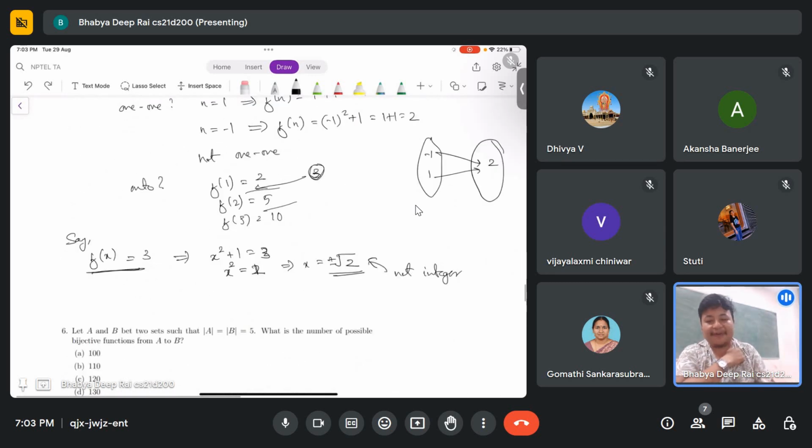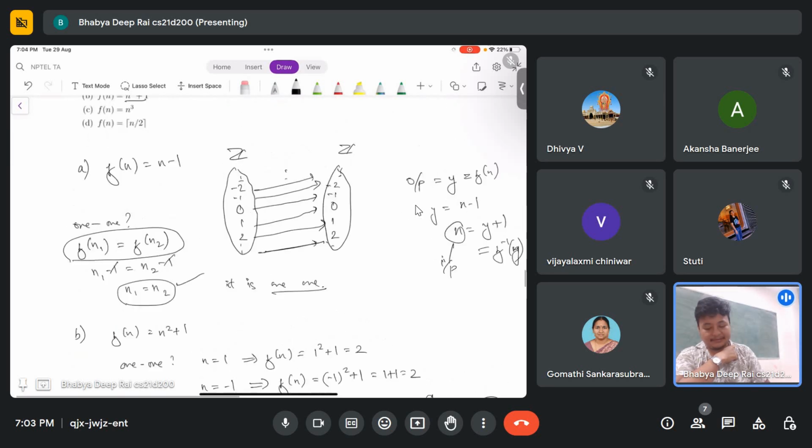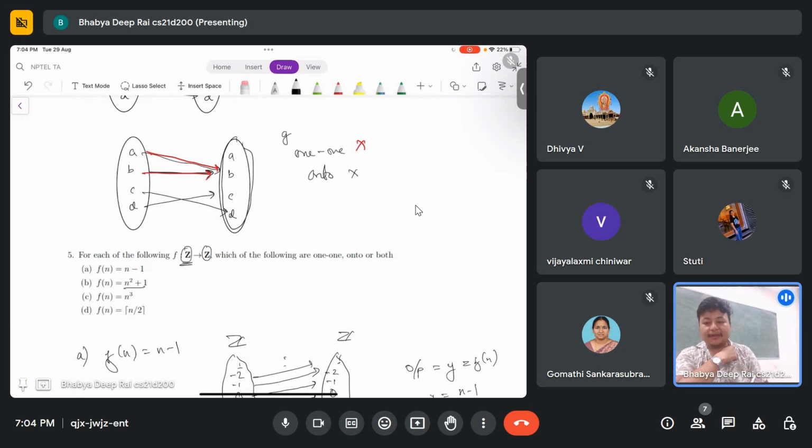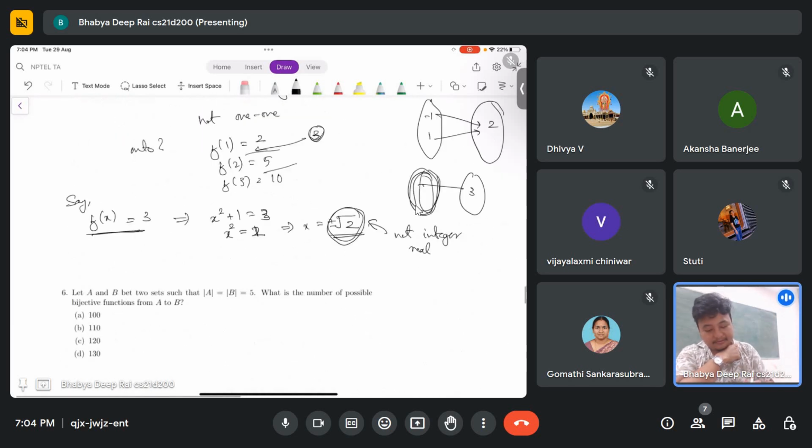So we can never find an integer to map to 3. 3 will stay lonely, because there is no integer that will map to it. There is only a real number that will map to it, but here the left set was integers. So therefore this is not onto.